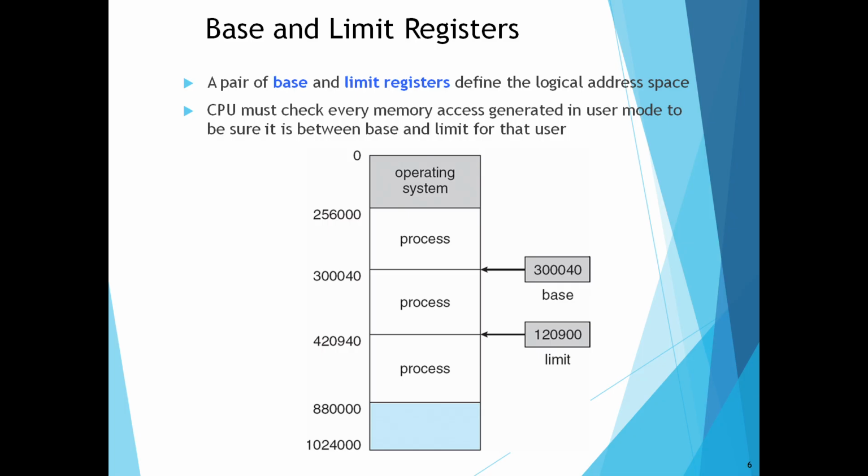For example, for process 2, the base address is 300040 and the limit is 120900. So the space it will occupy is 300040 to 420940. Base plus limit is the space it will occupy in memory.